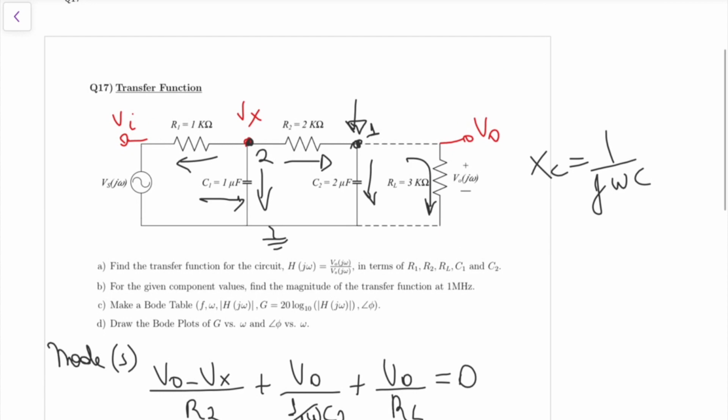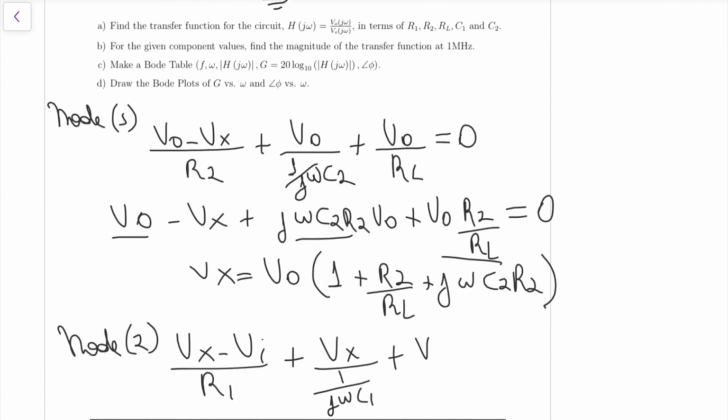Plus the last current, Vx minus V out divided by R2, and that should be equal to 0.